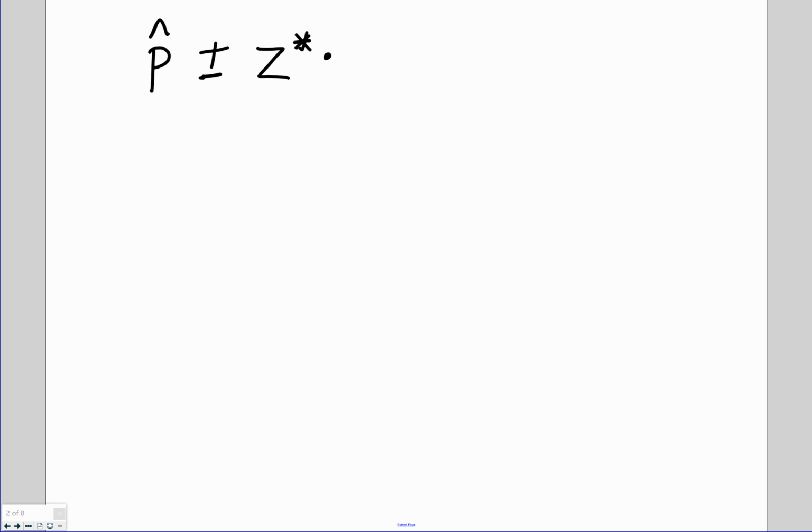Now why are we using SE, standard error, not SD? Did we know the population proportion? Remember I wrote we don't know P, so that's why we're using standard error of P hat. Sorry, I went to the next box. Should go to the next box now. My fault, sorry about that.